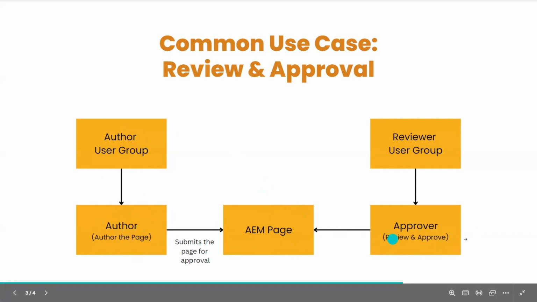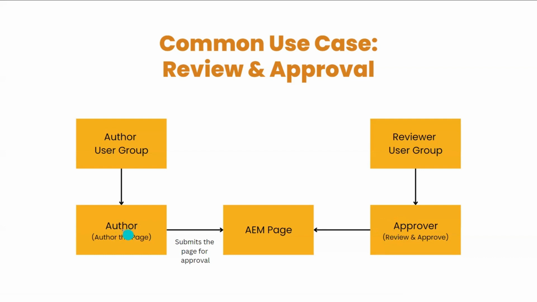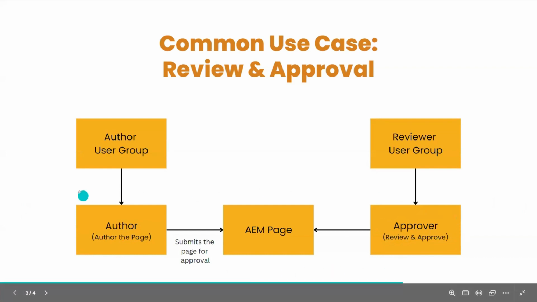Once this person has approved those changes, only then will whatever this author has done be reflected to the end user on the publish instance. Unless this approver approves it, it will not get published. That is when we will define the workflow process.